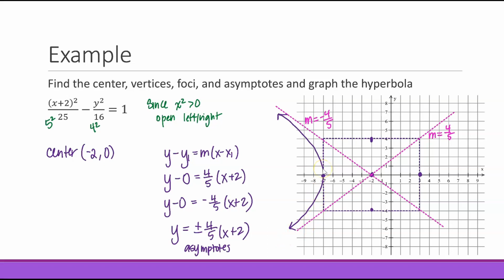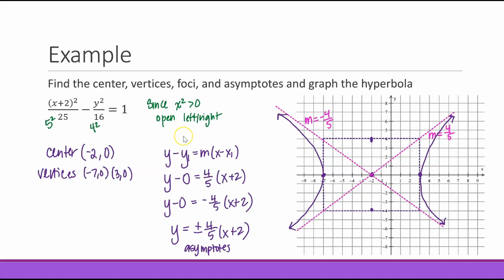I don't want to draw it really skinny, I want to make sure that it's nice and wide. It goes through that point because that's the vertex. So we have a vertex at negative 7, 0. Let's list those. Vertices at negative 7, 0, and 3, 0.